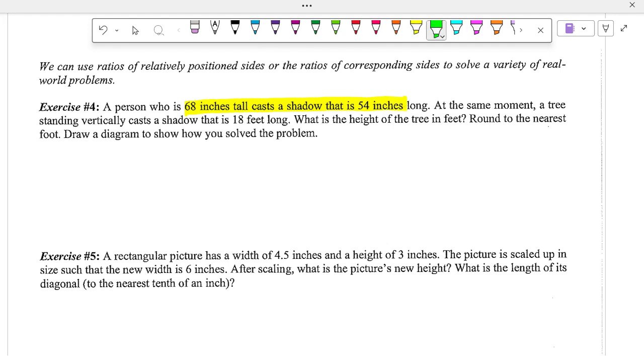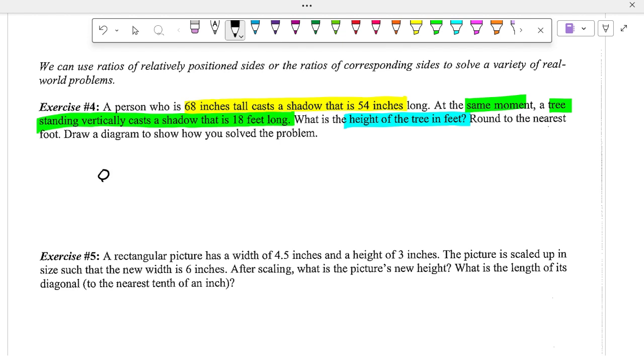At the same moment, a tree standing vertically casts a shadow that is 18 feet long. And they want to know what is the height of the tree in feet, rounded to the nearest foot. So if you're doing a geometry problem and they don't give you a picture, you need to draw one.